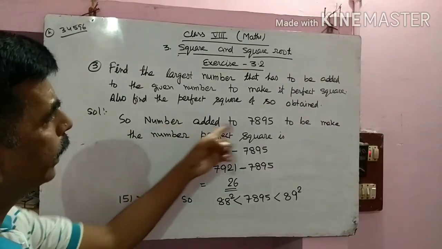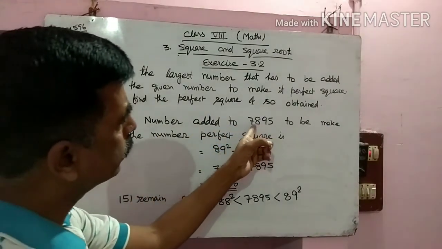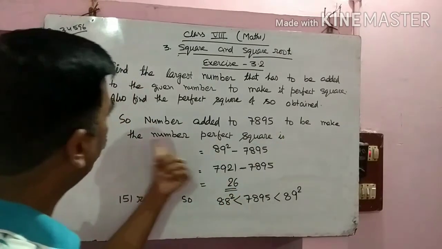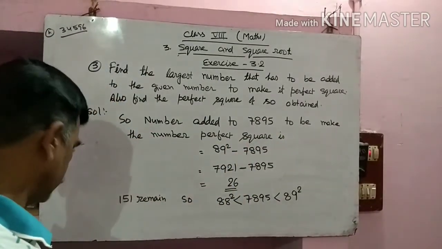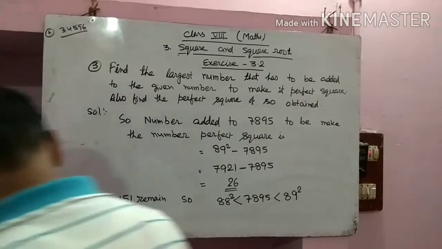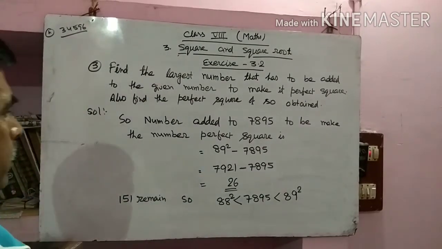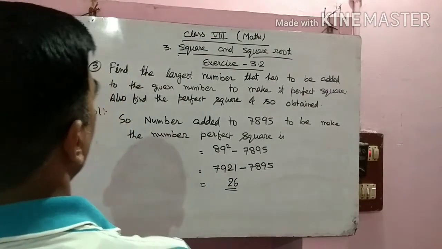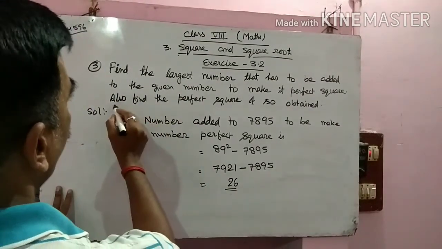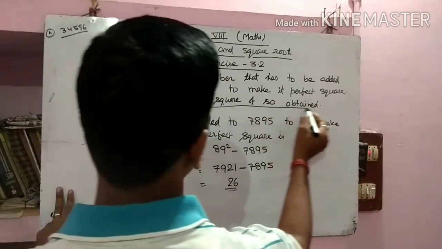So the number added to 7895 to make the number a perfect square is 26. Okay. Next, also find the perfect square so obtained.